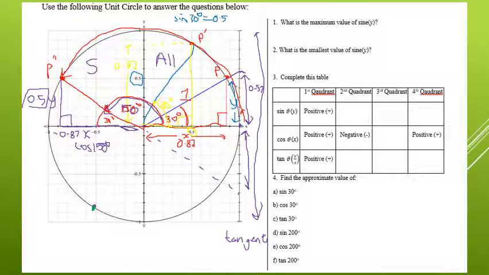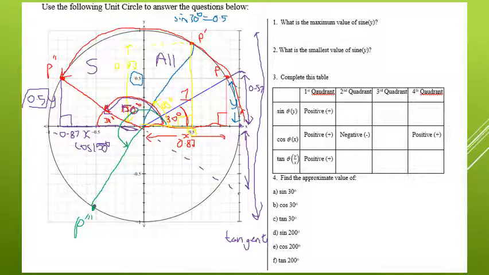Okay, so if I want to go to this position here, let's call this the third version of P. Starting from 0, I need to travel around the circle all the way to here, so I'm somewhere between 180 degrees and 270 degrees.